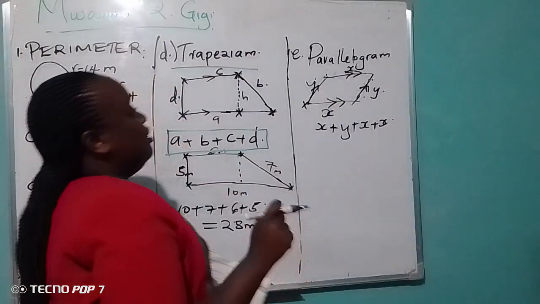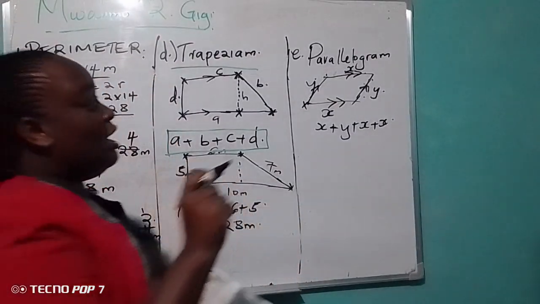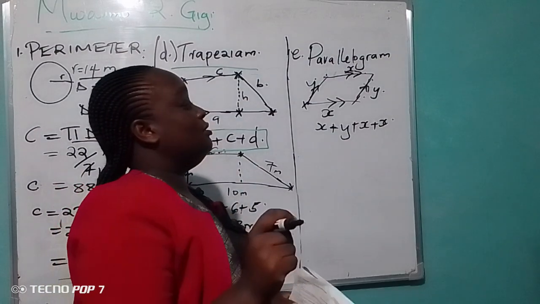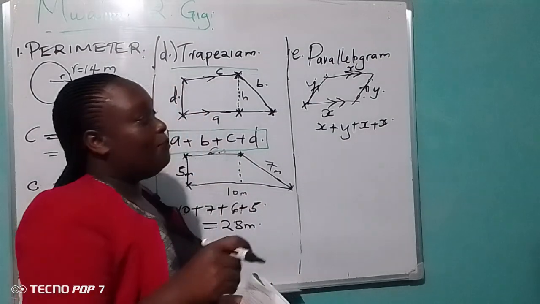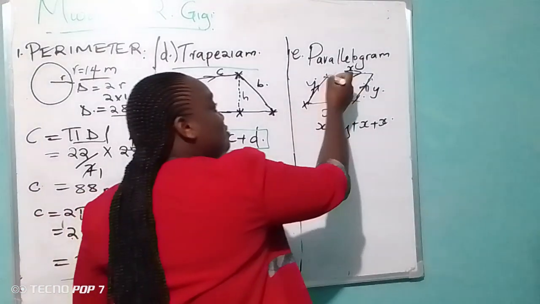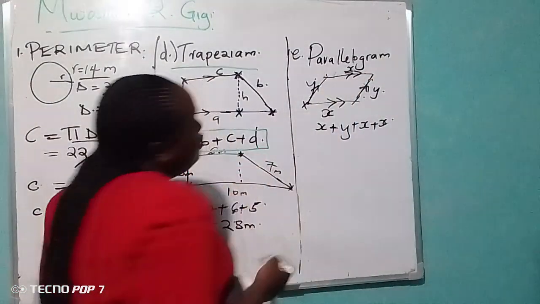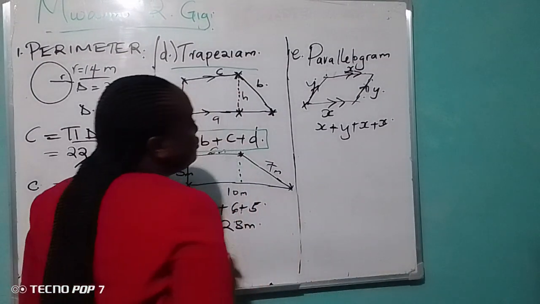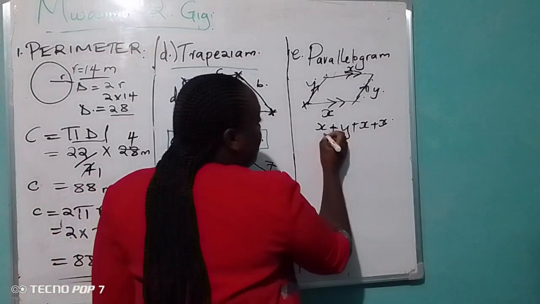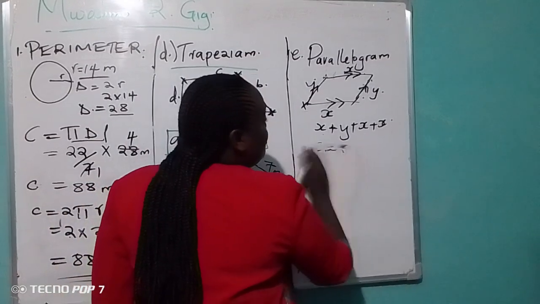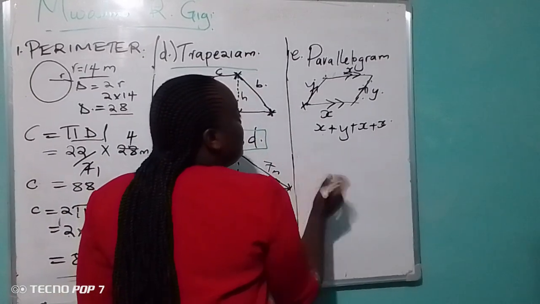Parallelogram is two sides. It has two sides which are parallel to each other. Sindio? Each side ni parallel to this. This side is parallel to that. So, ukileta hii, collect the like terms, itakuwa 2x plus, mtu atasema imepatikana aje 2x.